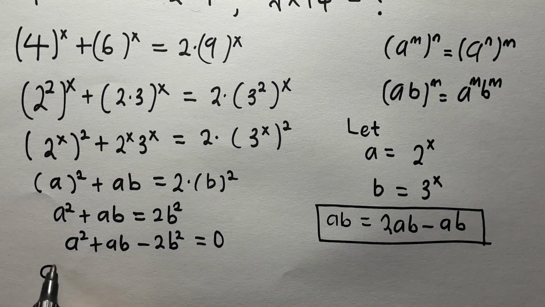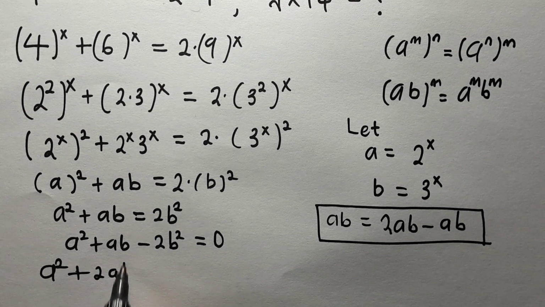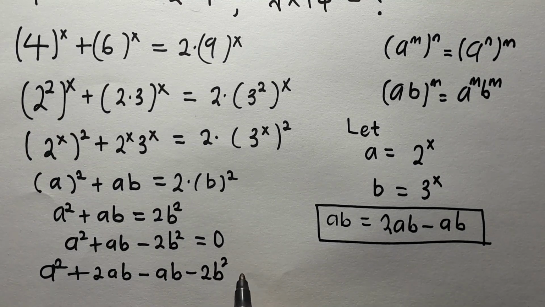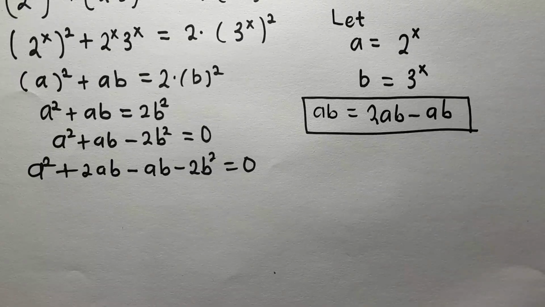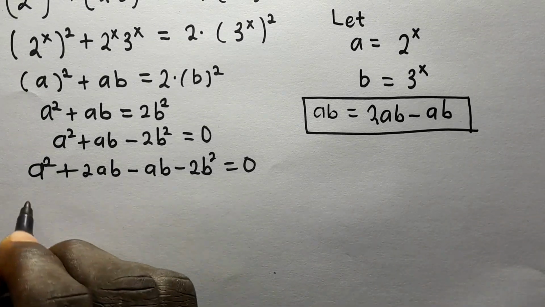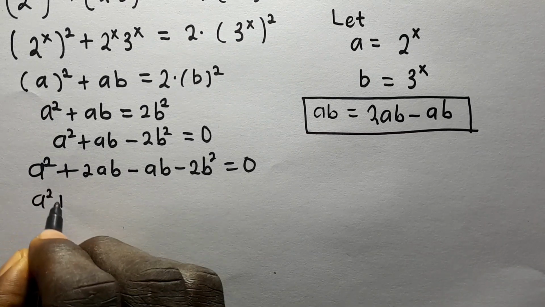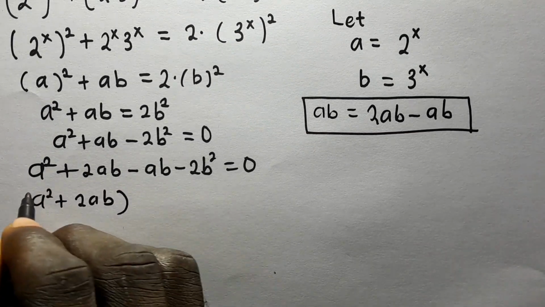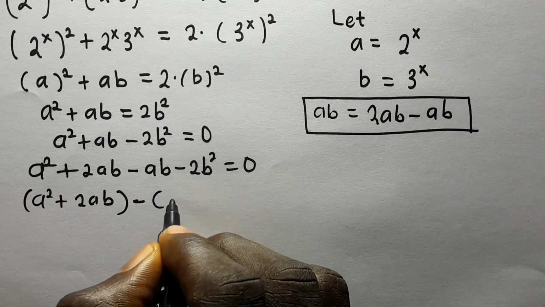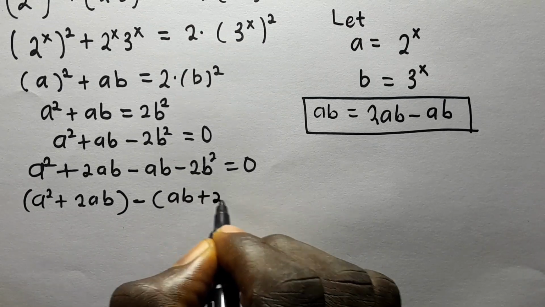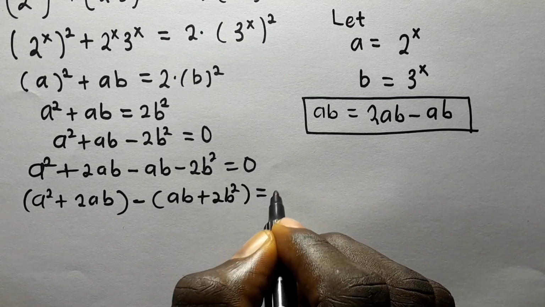What we are going to have now is a square plus 2ab minus ab minus 2b square equals 0. So from here, by taking this one, we have a square plus 2ab in bracket like this. Now we have minus, then we have ab plus 2b square, everything equals 0.